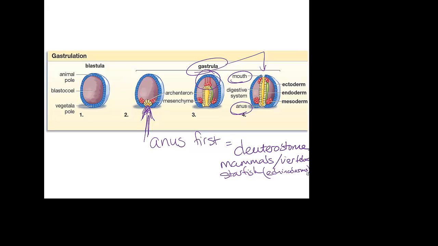That doesn't have to occur. We can actually form the mouth first in something known as a protostome. Protostomes are all other animals. So if you're not a person or a starfish, you're a protostome. So we'll look at those differences more when we talk about animal evolution.